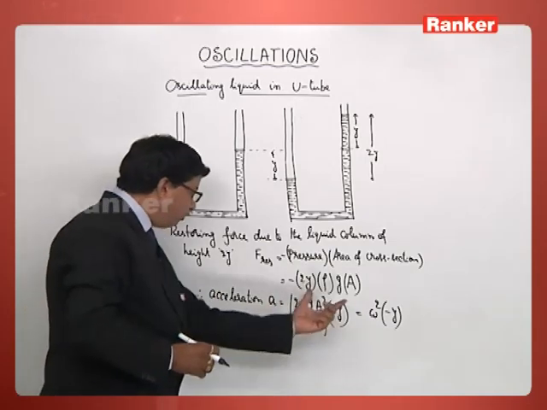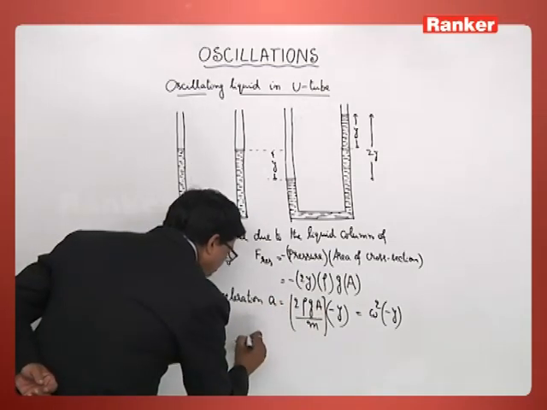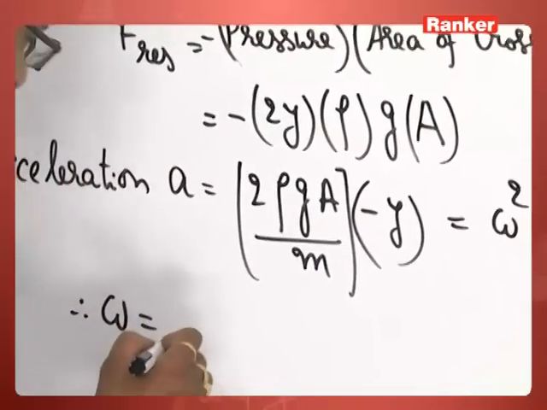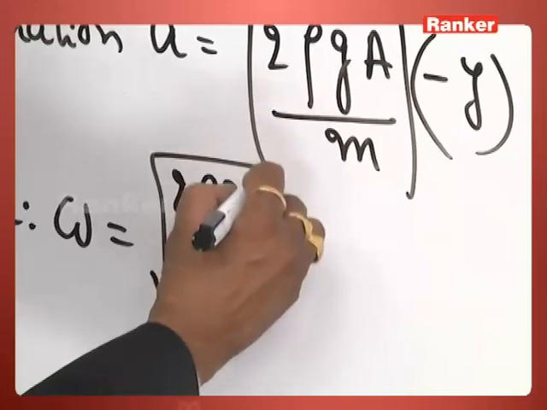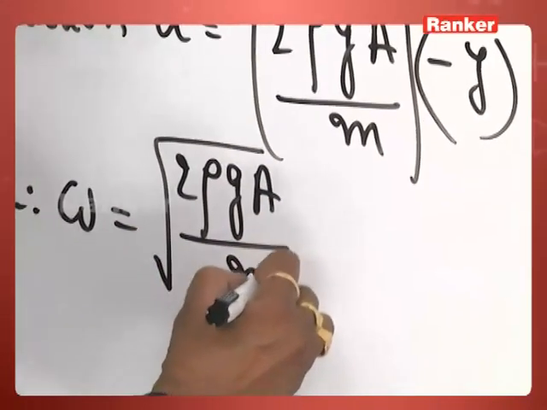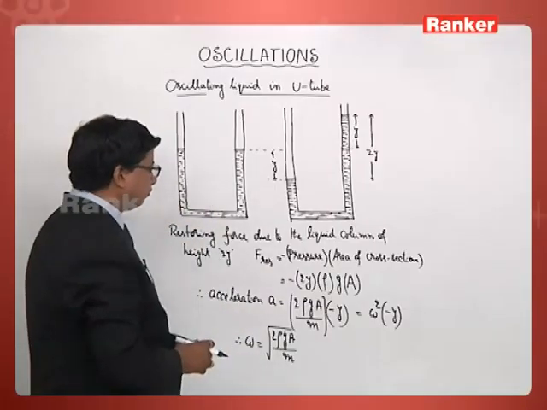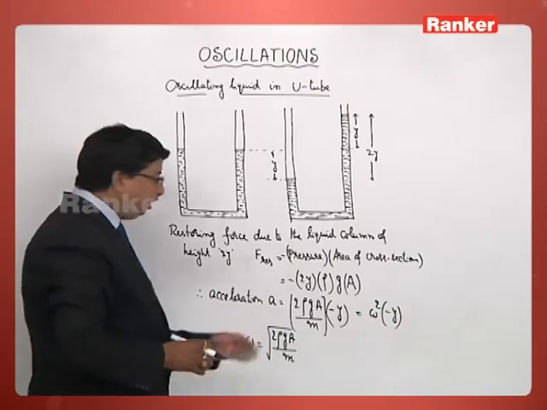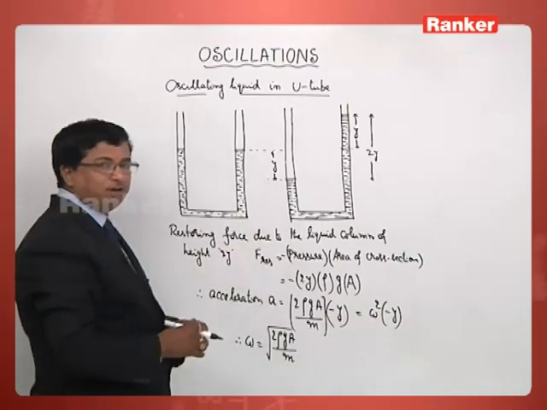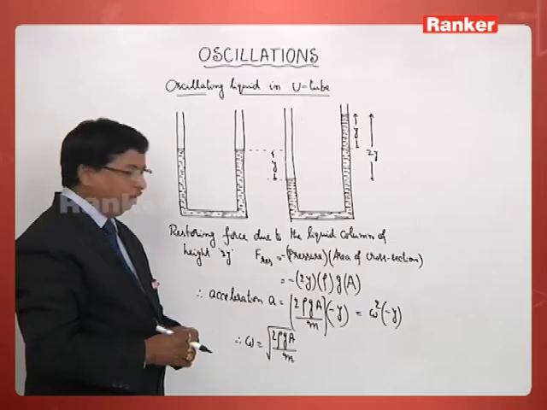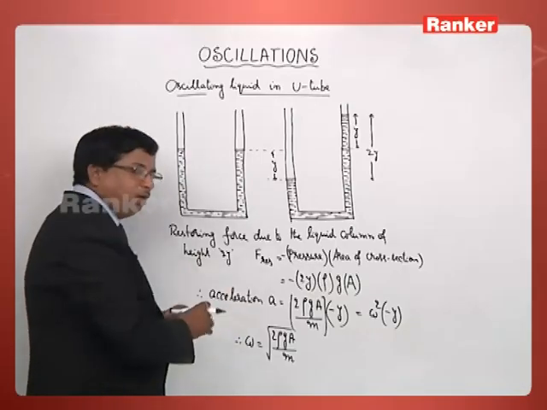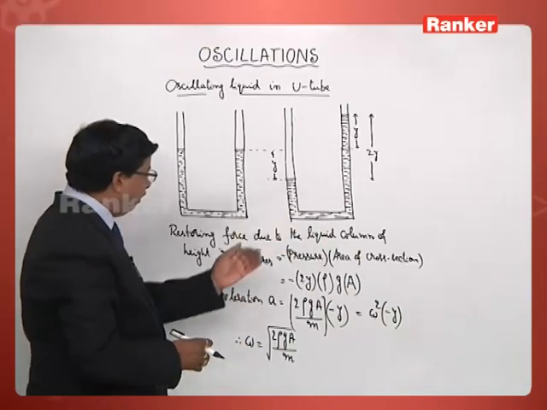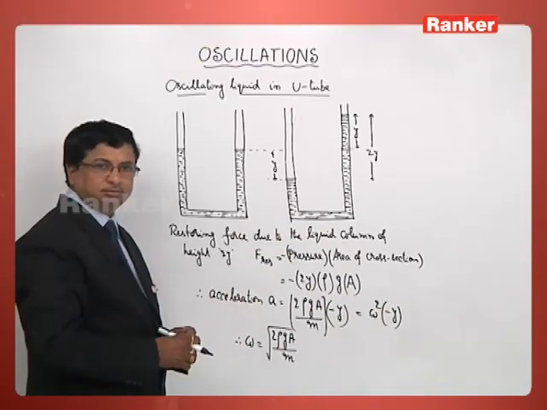So you can now understand the value of omega: omega becomes under root 2 rho g A by m. That is the angular frequency omega.